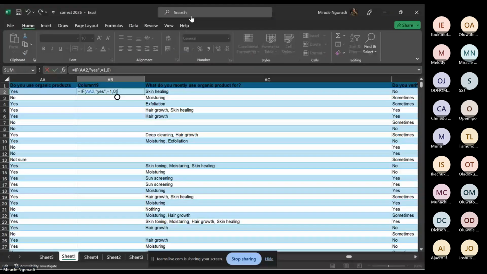Sir. Yeah, so let me see. You said if A2 is equal to, but you didn't put an equal to sign. Now take a look at it. You say if A2, comma, it is meant to be if A2 is equal to yes, rather than a comma. Like this. Yes.